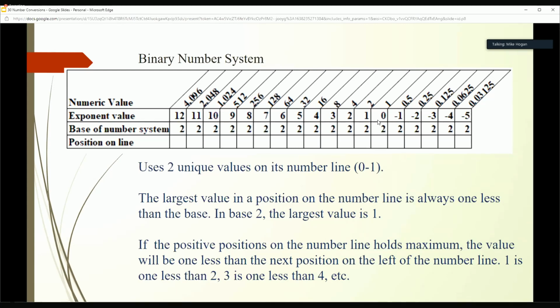We're going to do the same thing here, but our base is 2, right? And so we're talking about a binary numbering system. Our base is 2. We've got 2 unique characters, a 0 and a 1. And so we figure out our weights. Well, 2 to the 0, that first column is worth 1, which is always going to be the case. Then the next one is the base raised to the first power, so 2, base squared, 4, base cubed, that's 8, base to the 4th power, 16.